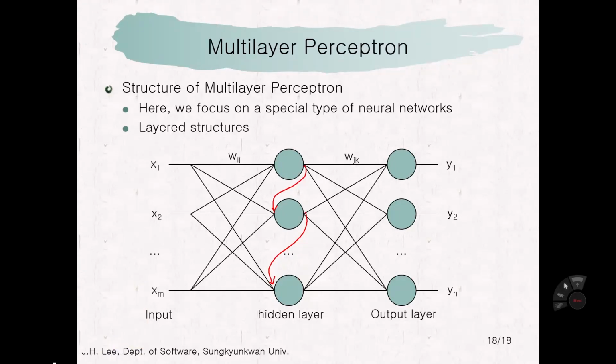Is this okay or not okay? This is not okay. Why? There is a loop, right? So without the blue one, it's okay, no problem. But if you add one more connection like this, then there will be a loop. So this is not permitted at all.